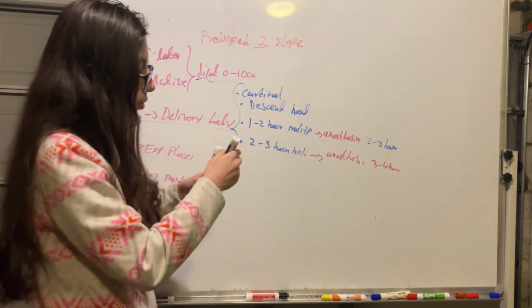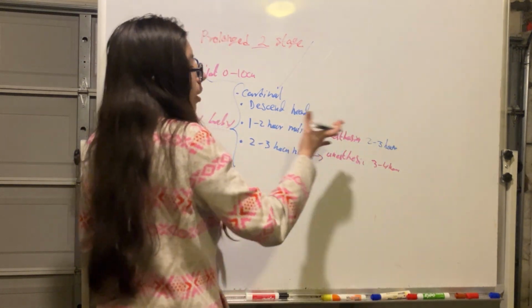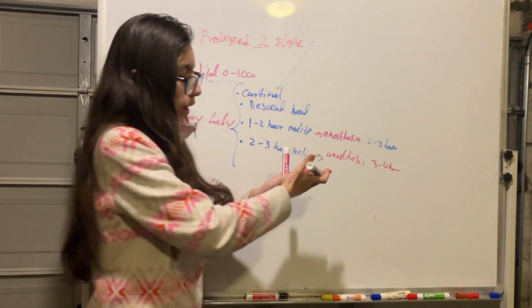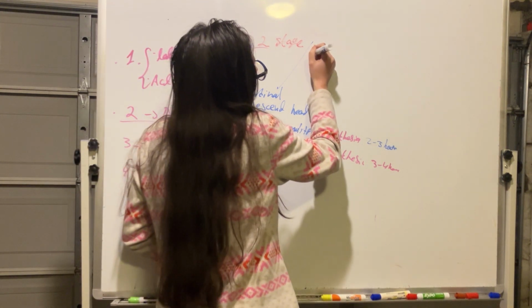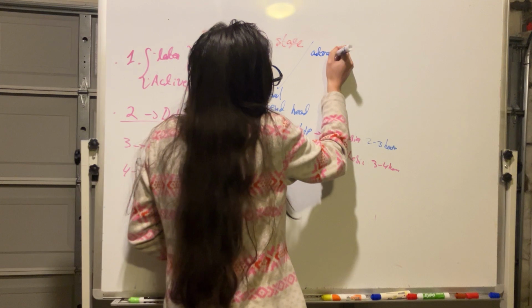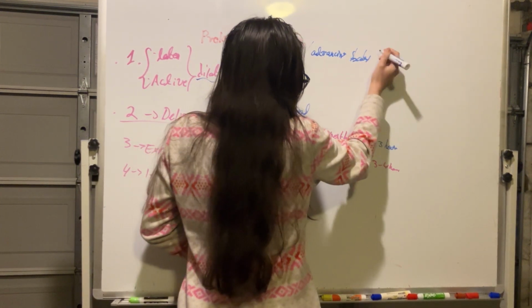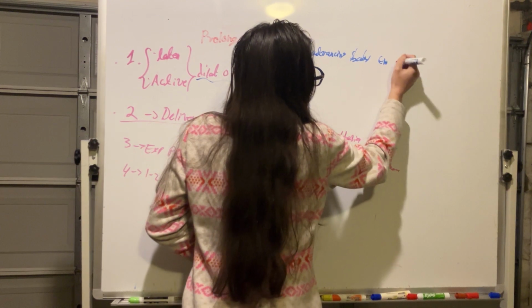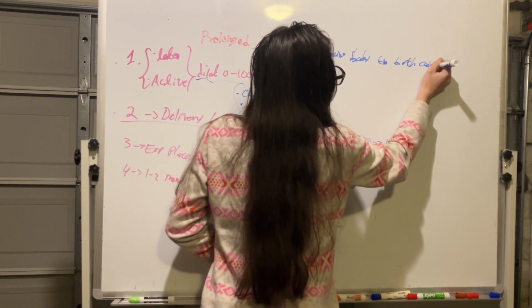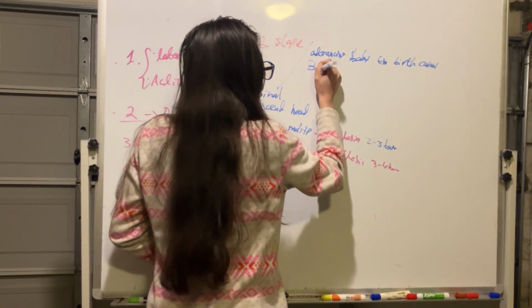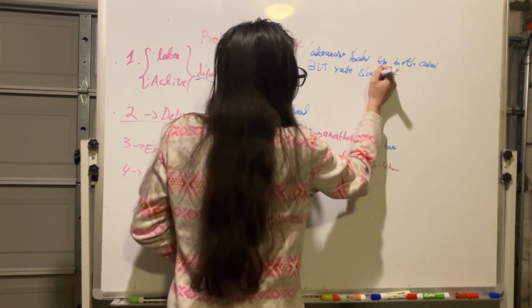Prolonged stage 2 is that we still have advancing of the baby going through the birth canal, but the rate of this is slower than normal.